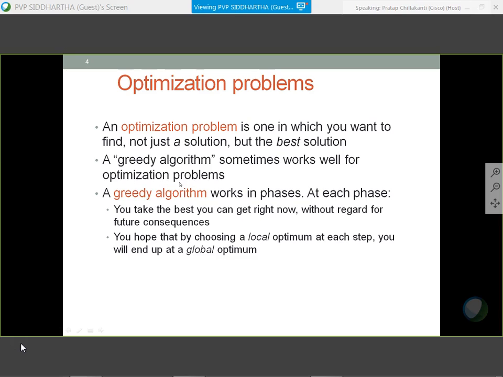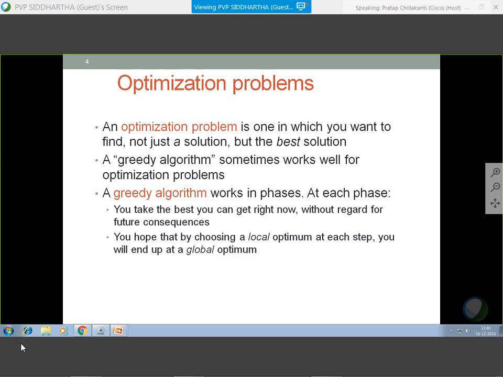Because the exercise showed you in some context it works, and in some context it doesn't. So, the third bullet shows you that the way it works in phases is at every stage you take the best you can get right now, without even considering what the future consequences are.